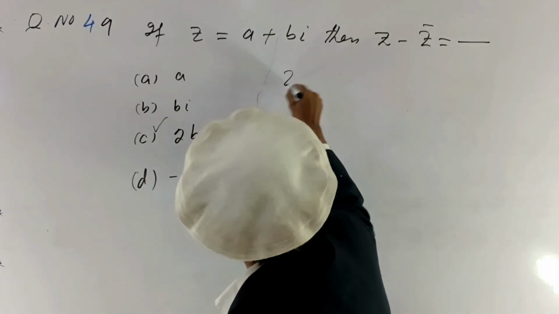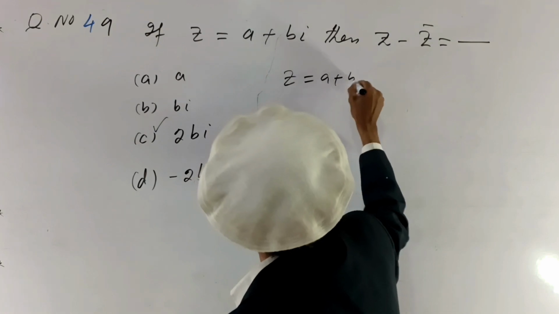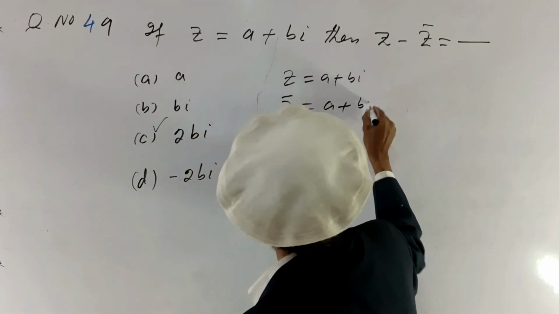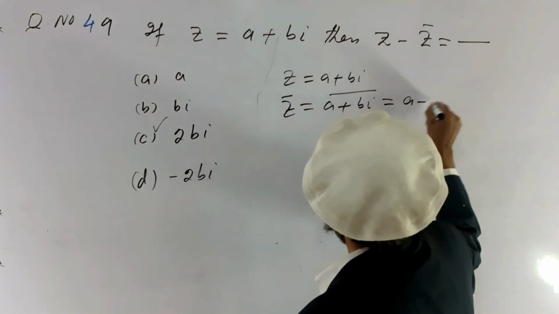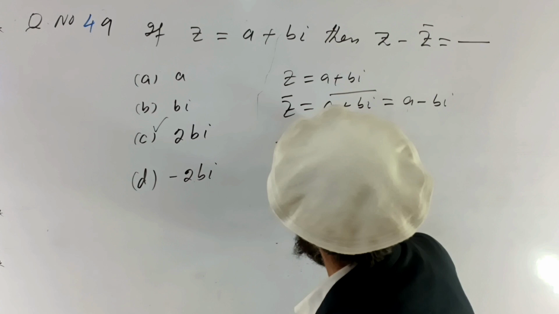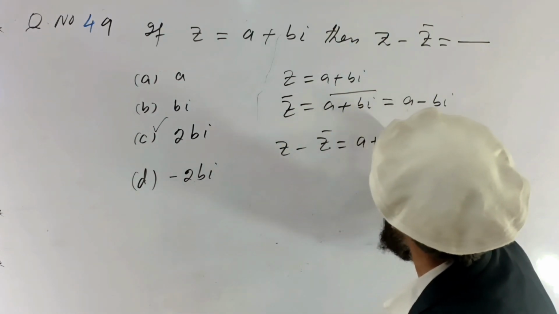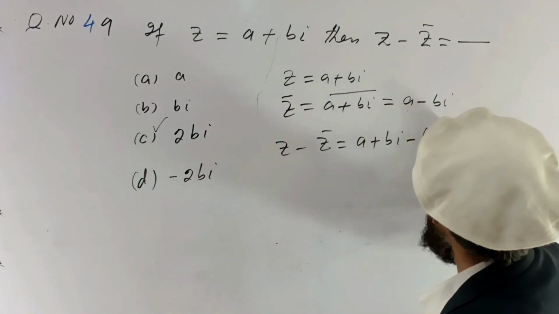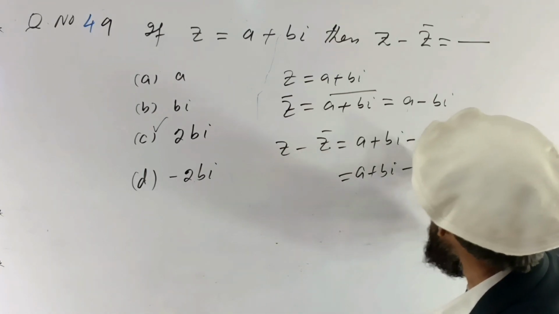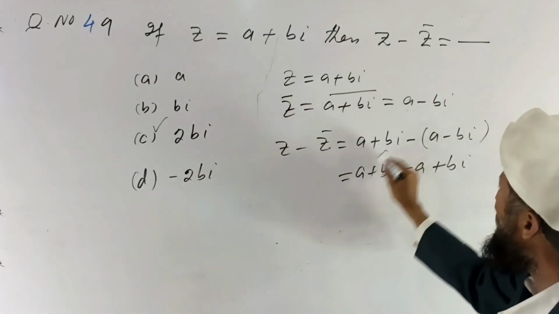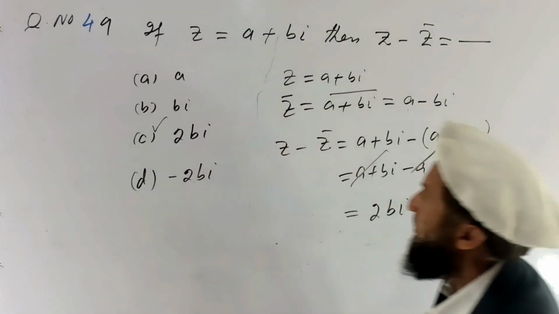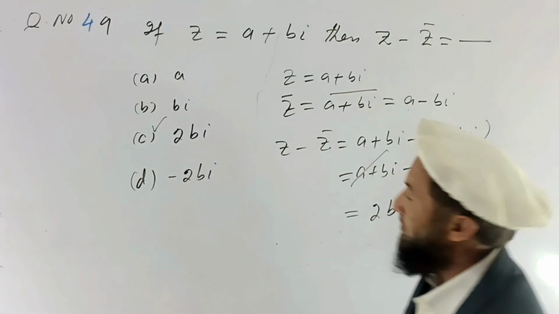Since z is equal to a plus b iota, if we take the conjugate, the result will be a minus b iota. So z minus z bar will be equal to a plus b iota minus (a minus b iota), so a plus b iota minus a plus b iota. So a cancels, and the result will be 2bi. So the correct answer is 2bi.